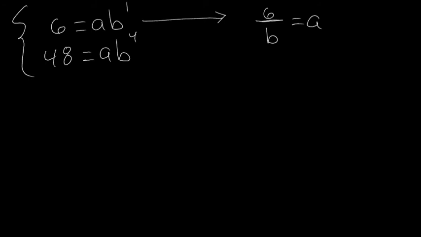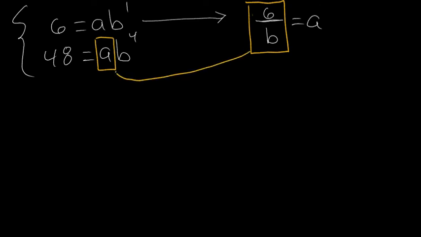Now I've created an expression that is equivalent to a. This thing that I've just boxed is the same thing as a. And this time I'm going to choose to do substitution. I'm going to replace this expression that's equivalent to a for the a in the second equation. So this is substitution here.